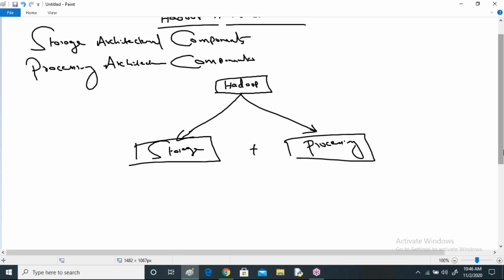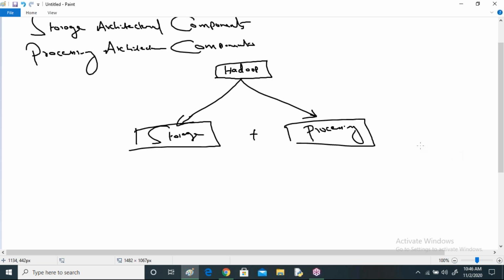Hadoop doesn't use any database. Databases have a lot of drawbacks: limited storage, no parallel processing, and as volume increases, speed decreases. Mainly, databases can handle only structured data, but most of the data today is in unstructured format. Hadoop can handle all varieties of data.